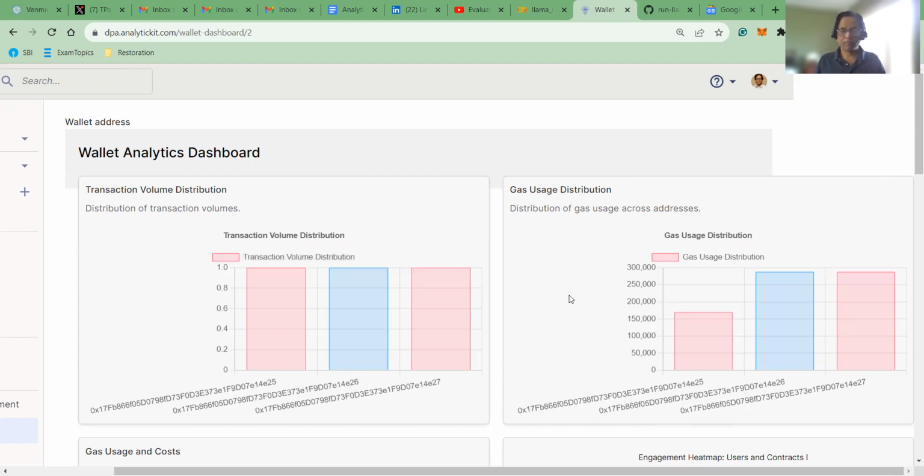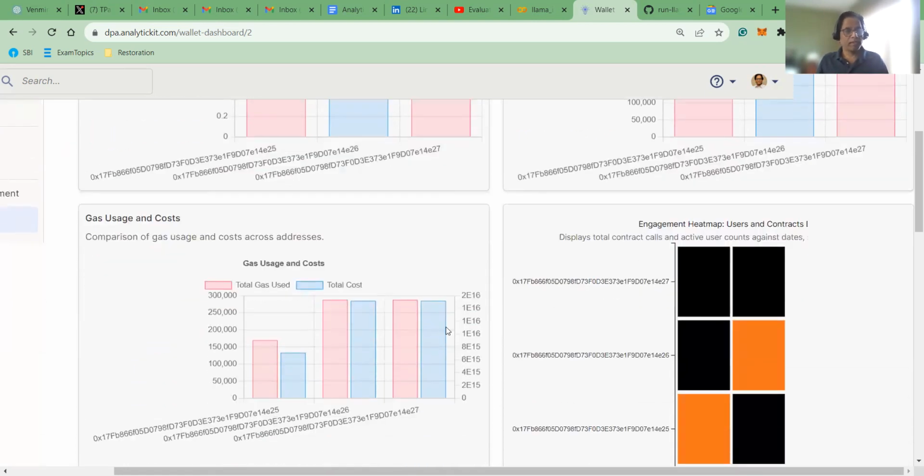But sometimes they may have used more gas for fewer transactions because they bought one of your NFT tokens during the busy time of the network, so obviously they have to pay more. You can gain this insight and understand more about your user behavior, what exactly they did on your website or decentralized application.